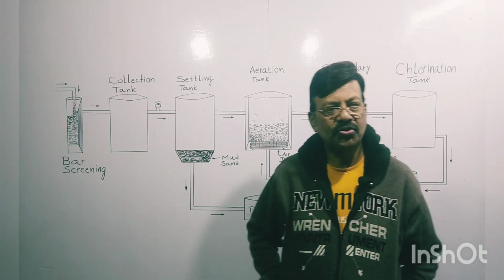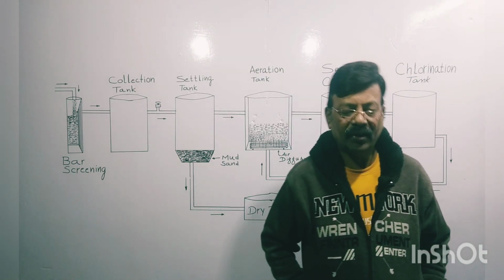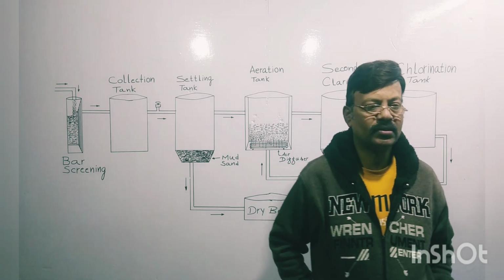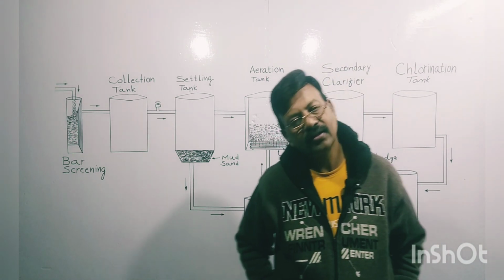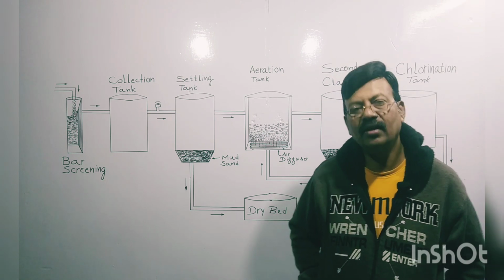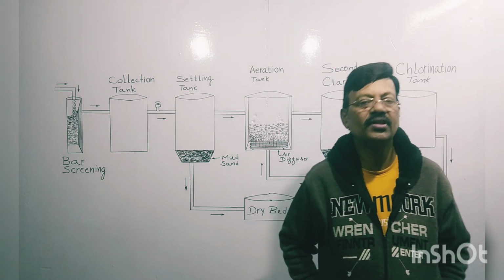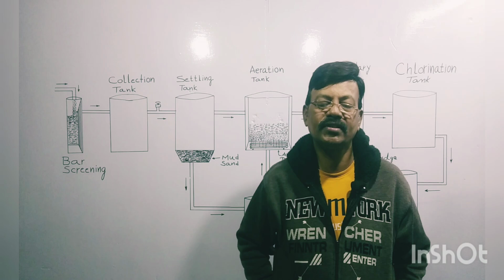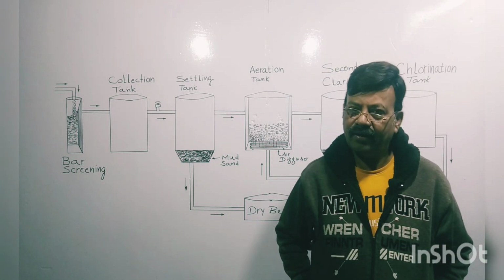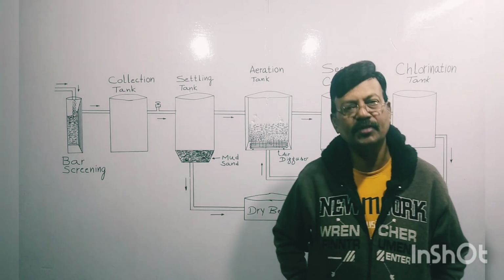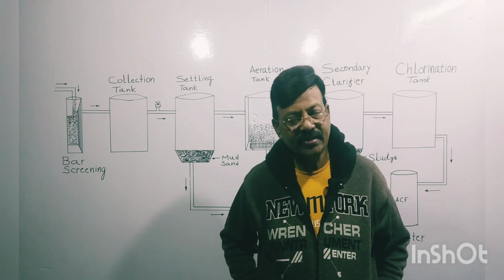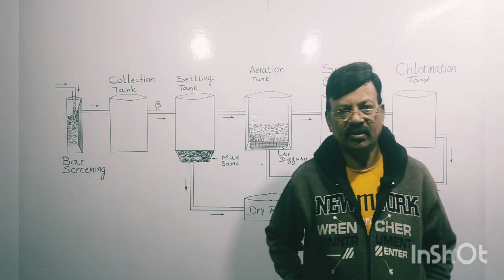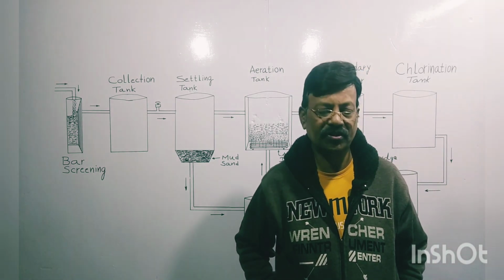Now you understood both ML and SS. ML is nothing but mixed liquor, that is a mixture of raw sewage and activated sludge, and SS is nothing but suspended solids, in other words impurities and contaminants present in the raw sewage.